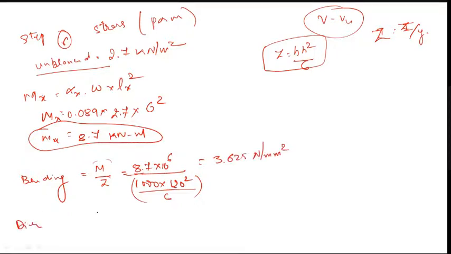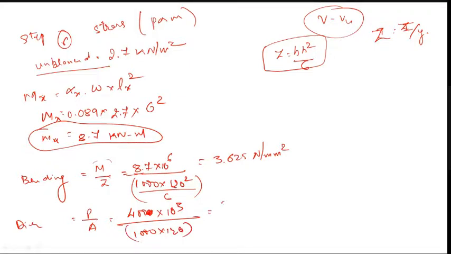Then go for the direct stress, that is P upon A. P is nothing but how much we have got, 400 kilonewton, so 10 power 3, divided by area. Area is 1000 into 200.